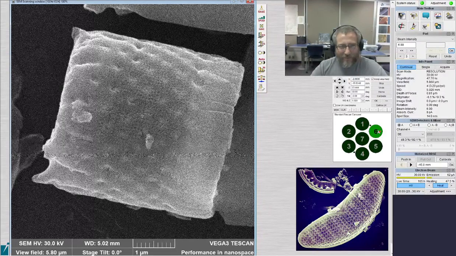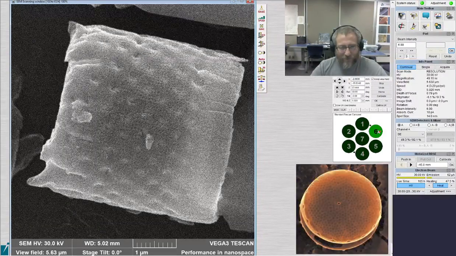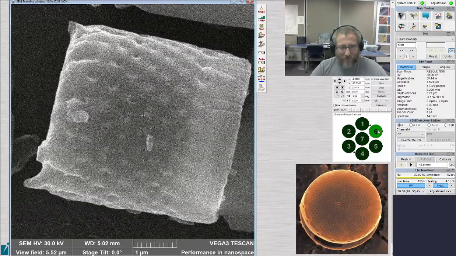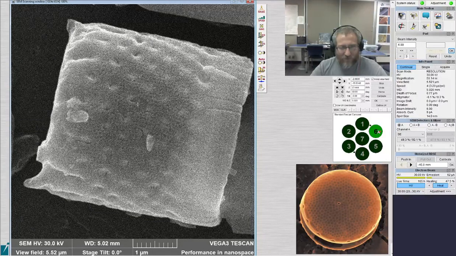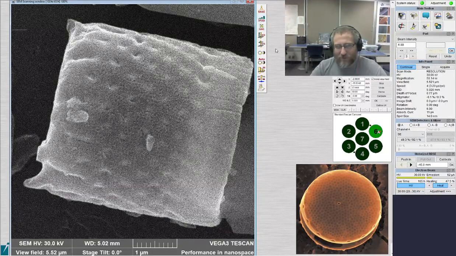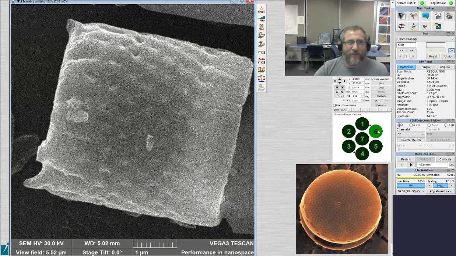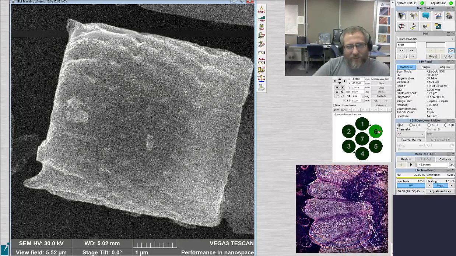Yeah, it sure does. It had just a strange little pattern of little rows of pores on the outside of it. Let's see what they look like when I slow it down. Still there. All the way up. Yeah, that's worth taking a picture of to ponder what the heck's going on with it.